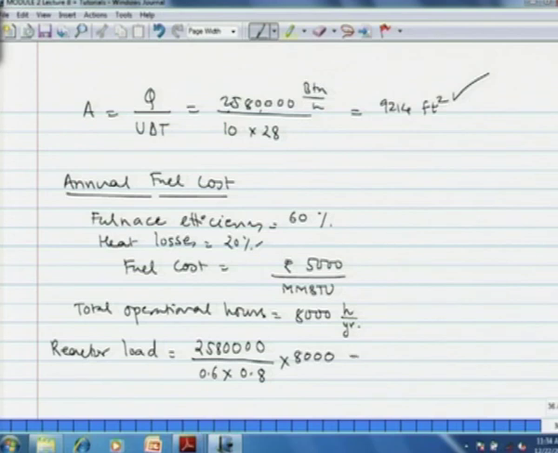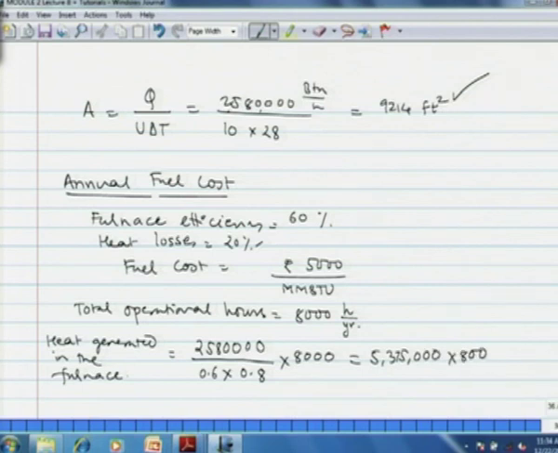So, the total heat generated in the furnace will be 5.375 million BTU per hour into 8,000 hours per year.